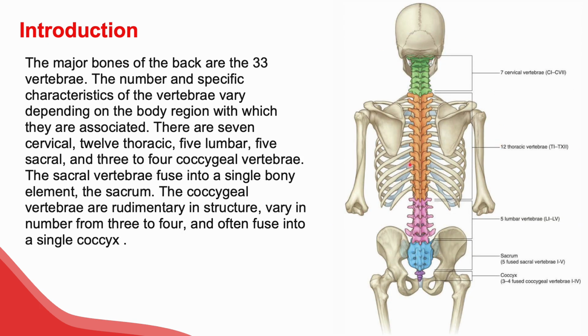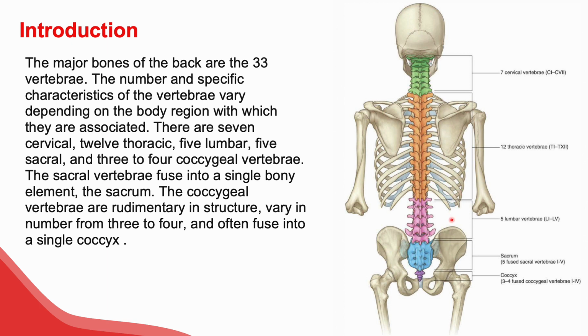The vertebral column is divided into 5 different segments. The upper segment, known as the cervical segment, contains 7 vertebrae. The next segment contains 12 vertebrae and it is called the thoracic segment.